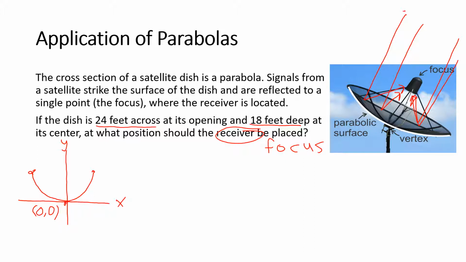Now remember, this thing is 24 feet all the way across, and we know that it is 18 feet deep at the center. If it's 24 all the way across and 18 feet deep, then this coordinate point here would be over 12, up 18: 12, 18. Likewise, the point on the left-hand side would be negative 12, 18.